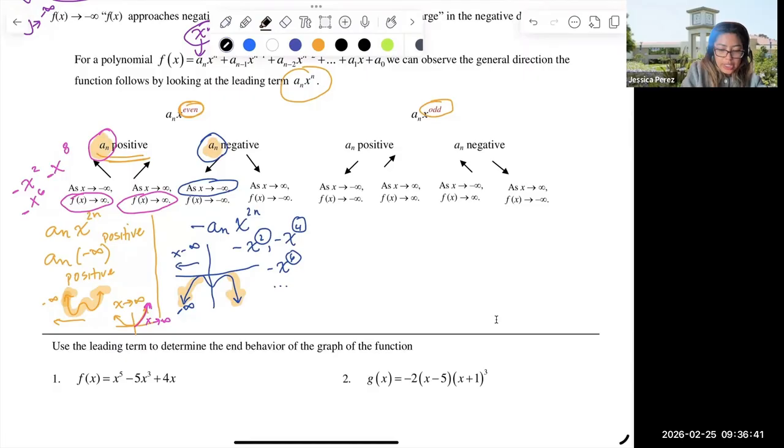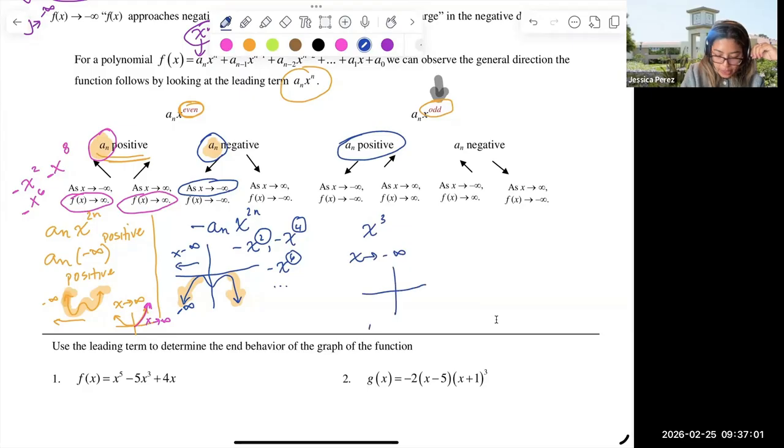Now those things change if my polynomial is an odd polynomial. If I have an odd polynomial, and a sub n is positive, then I have a scenario like x to the third. What happens as x goes to negative infinity?